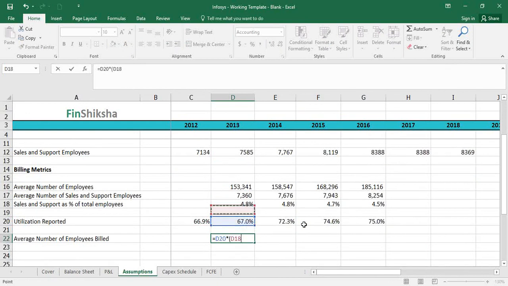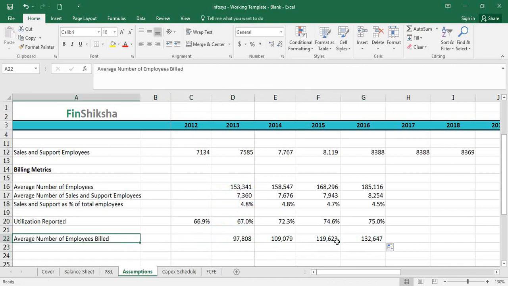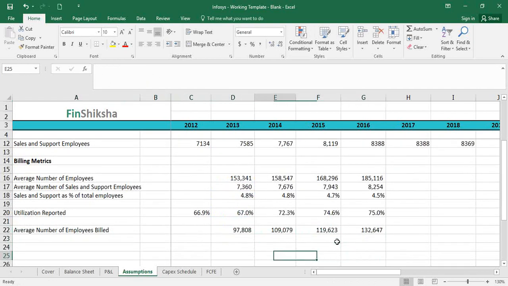We just need to figure out the difference between total employees and sales and support guys on average, right? So we get this number. We don't need the decimal points. So about 97,000 employees are getting billed here, and 119,000 here, 132,000 employees here. That's the average number of employees who are getting billed for Infosys, right?